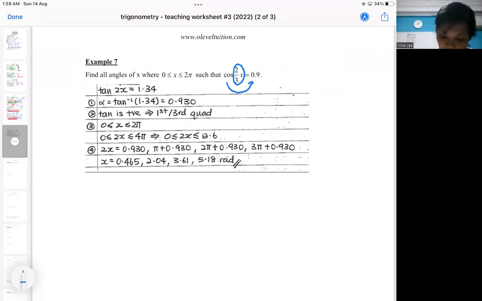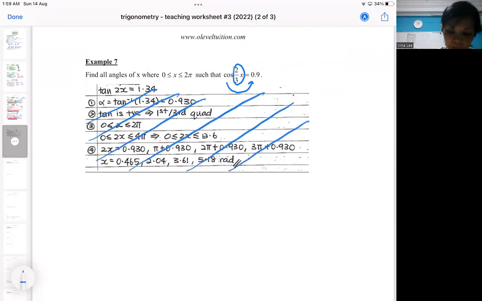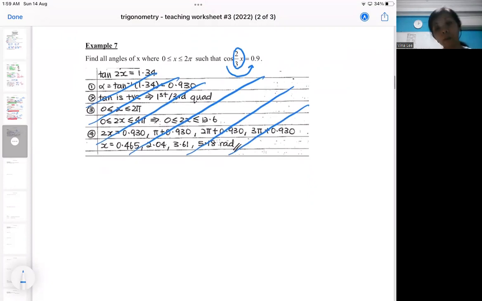I think, okay, this answer was pasted wrongly. Okay, so let me execute the first step. So the first step is cosine inverse 0.9.